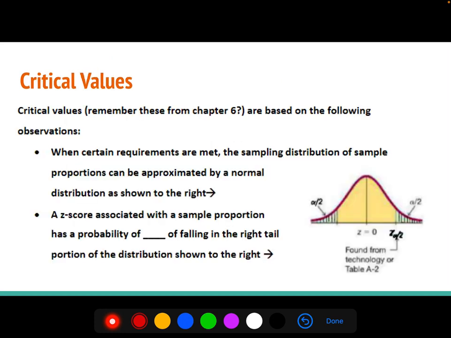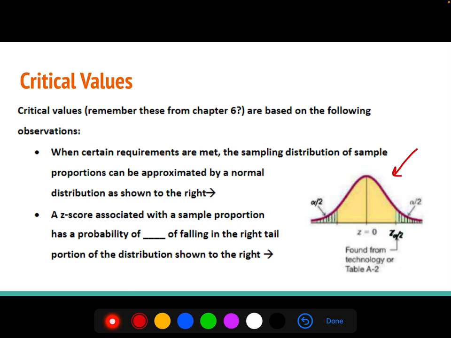And some more terms, critical values. If you remember that lovely bell curve, the standard normal distribution there. So when we're looking at some of the criteria here, we can say that the sample distribution of sample proportions can be approximated by that normal distribution curve.